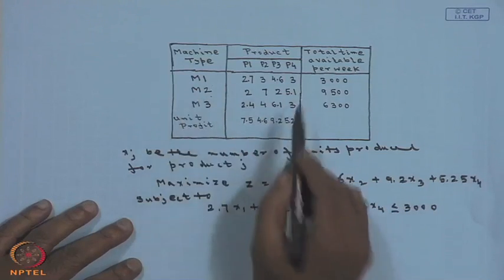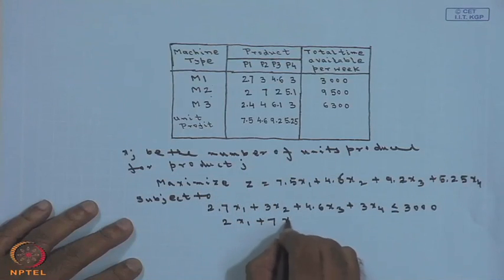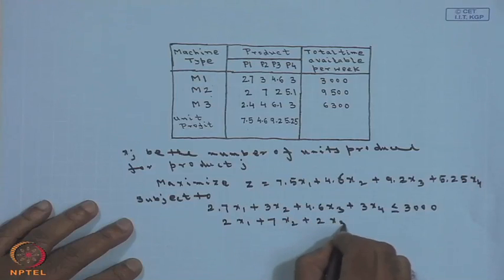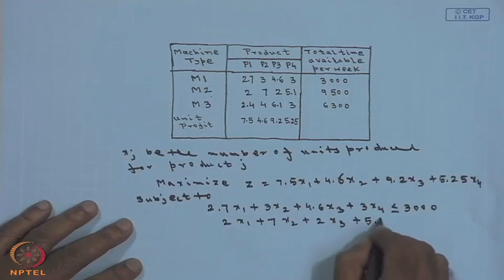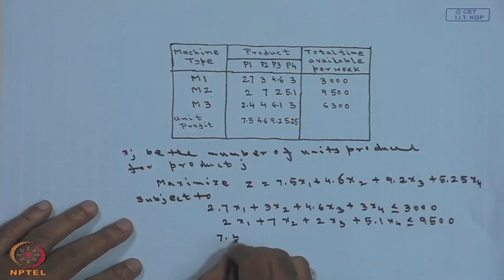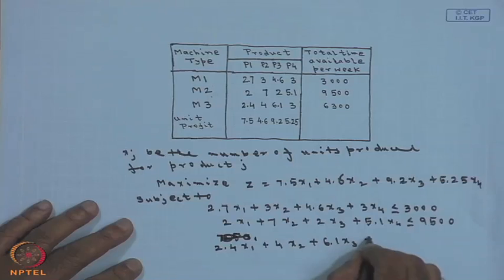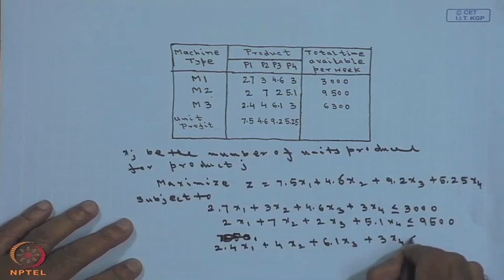Similarly, for machine 2, 2x1 plus 7x2 plus 2x3 plus 5.1 x4 should be less than or equal to 9500, and, sorry, it should not be 7.5 x1, 2.4 x1 plus 4 x2 plus 6.1 x3 plus 3 x4 less than or equal to 6300.